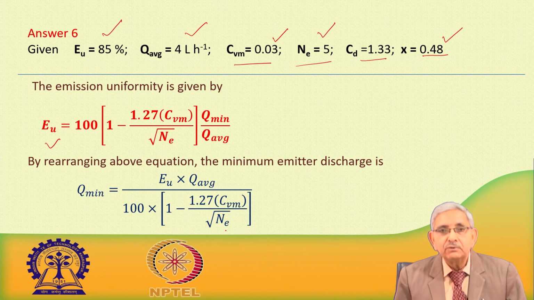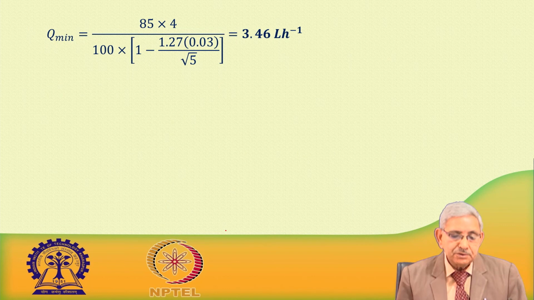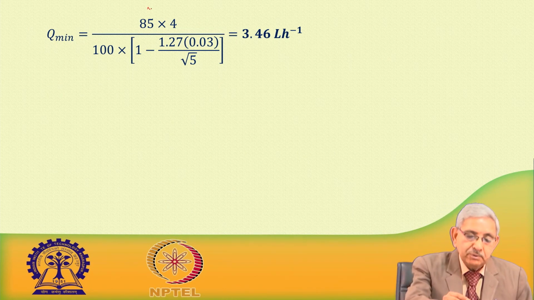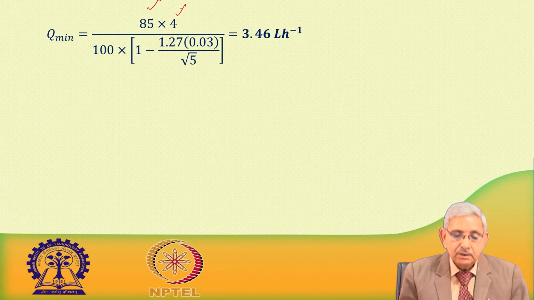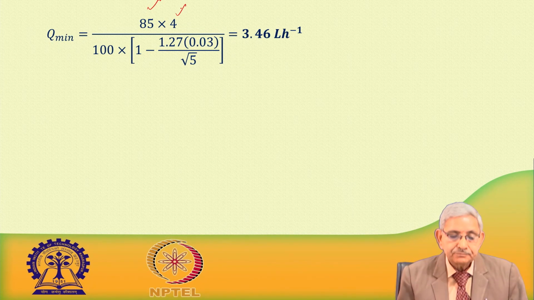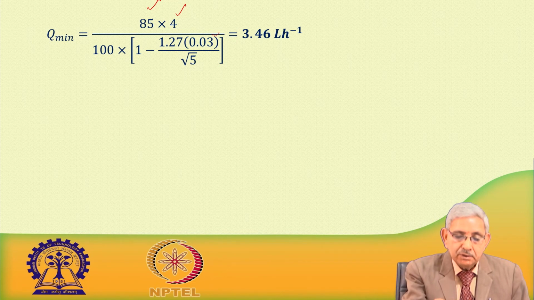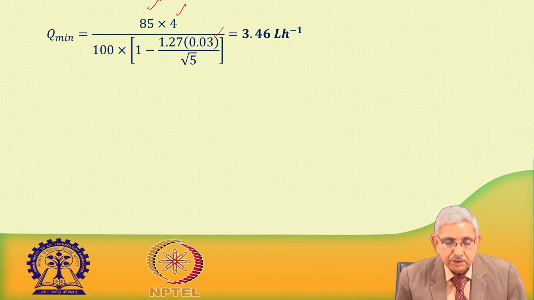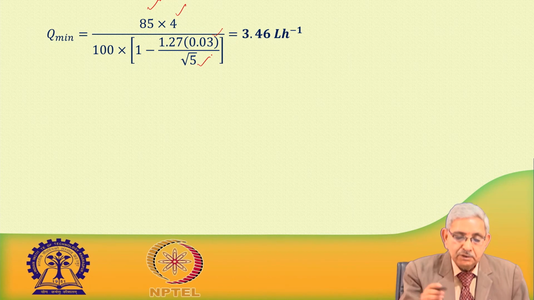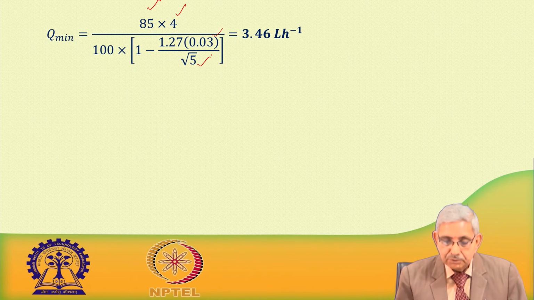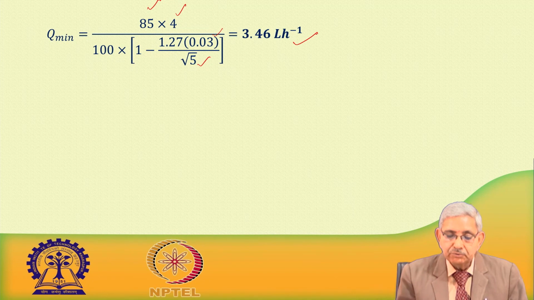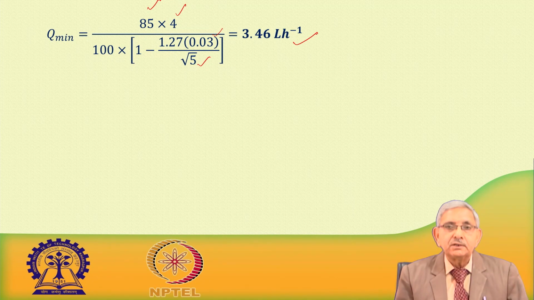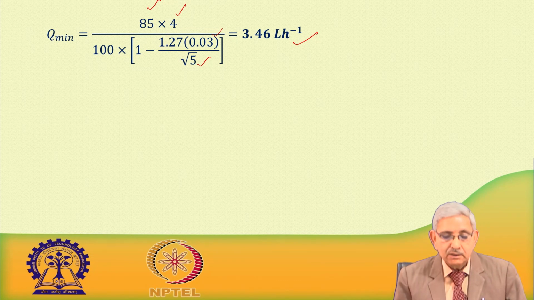So, from here we can get the value of q min. Substituting EU as 85%, average discharge as 4 liter per hour, CVm as 0.03, and n e equal to 5, we get the minimum discharge as 3.46 liter per hour.